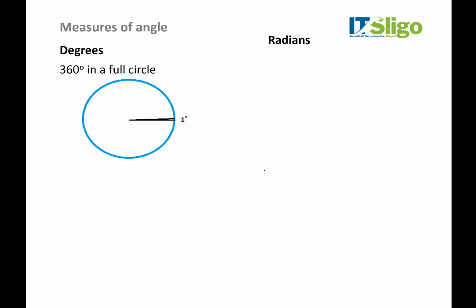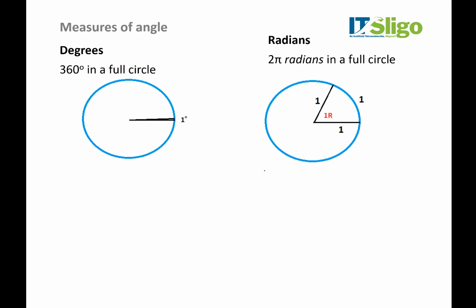The other way to describe the angle is with radians, and it's a little bit more formal. It's more kind of an engineer's way of looking at an angle. And it says that, well, if I had a radius of 1 and then I made the angle, so both of these are the same length, but if I made this arc length here the same length as the radius. Now the arc length, guys, we're not completing a triangle. It's not a straight line.